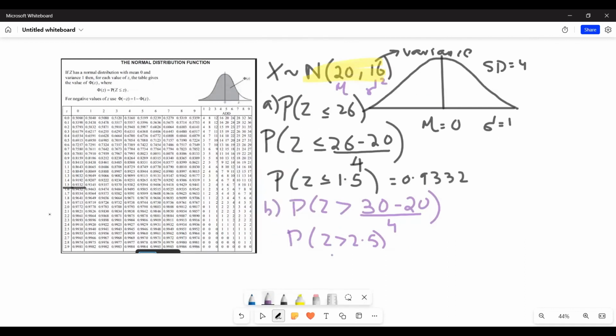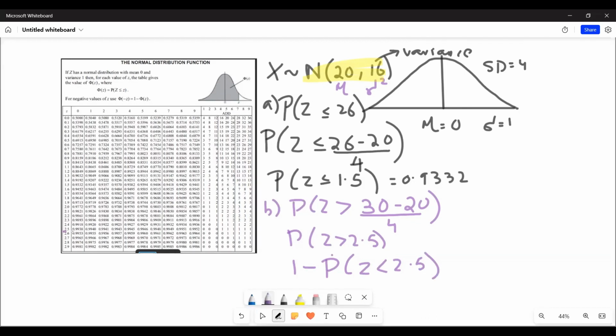So this would be 1 minus probability Z is less than 2.5. So where's 2.5? Right here, and the probability for that is 0.9938. So we have to do 1 minus 0.9938, which gives 0.0062.